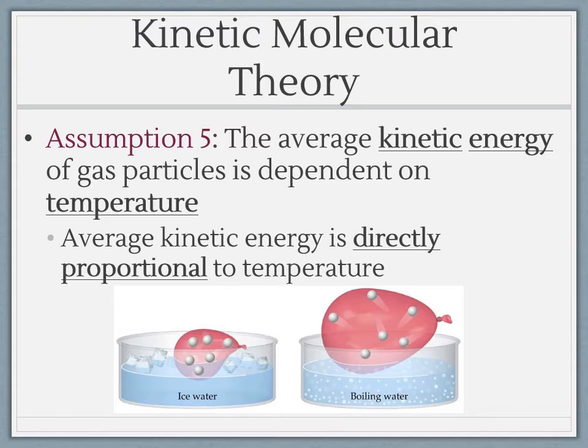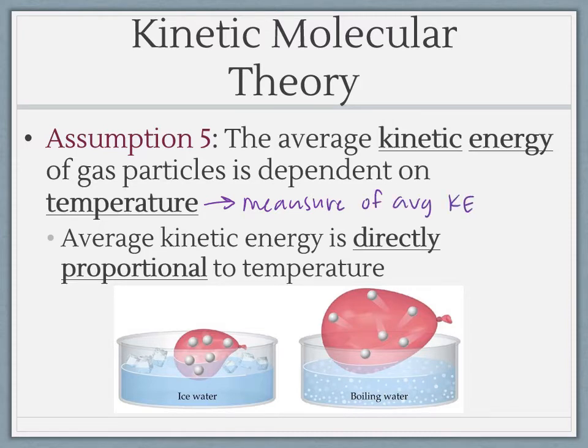Finally, assumption number 5 is that the average kinetic energy of gas particles is dependent on temperature. Now, this makes a lot of sense when we know the fact that temperature itself is just a measure of average kinetic energy.